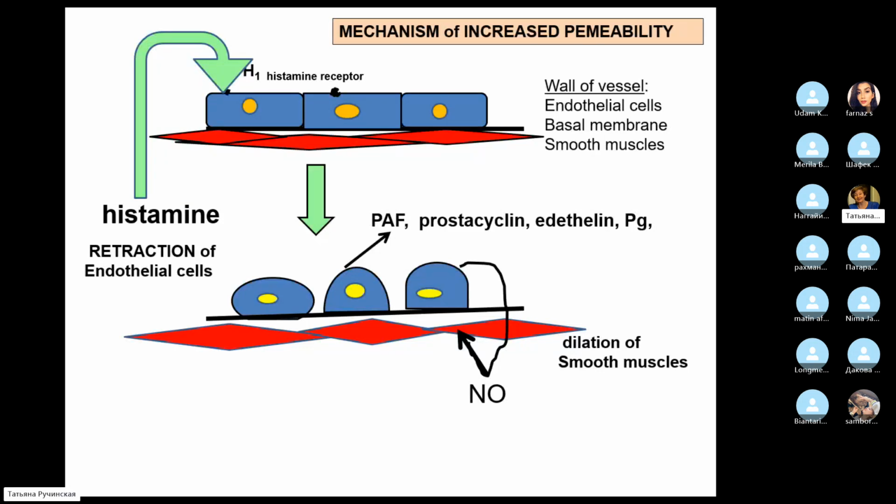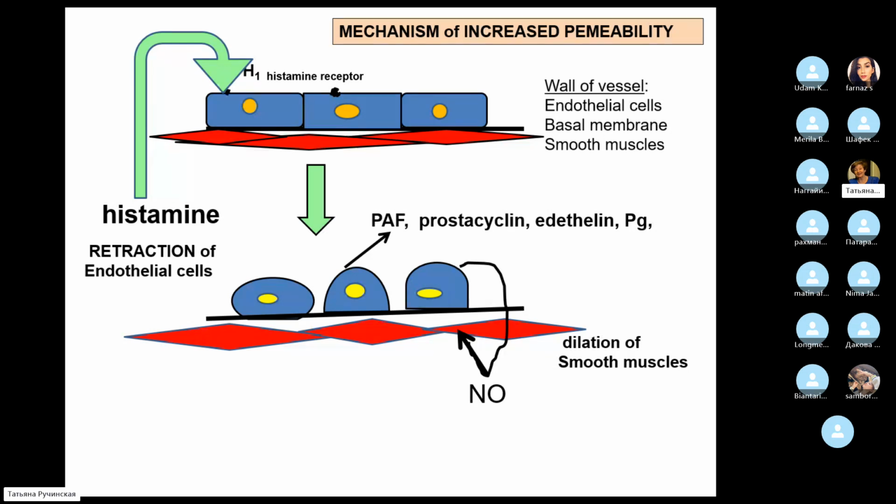So it is not swelling of the endothelial cell, it is activation of them. Because you know that H1 histamine receptors activate guanylate cyclase, and this will lead to increased cyclic guanosine monophosphate.